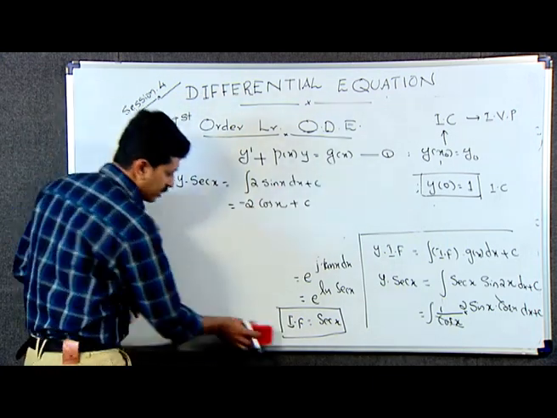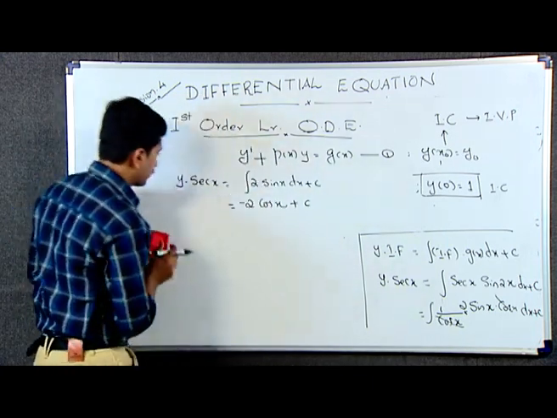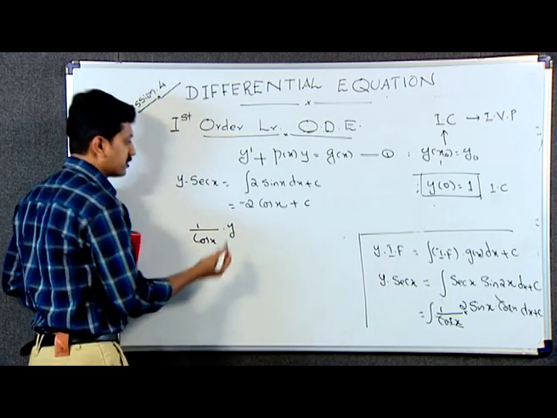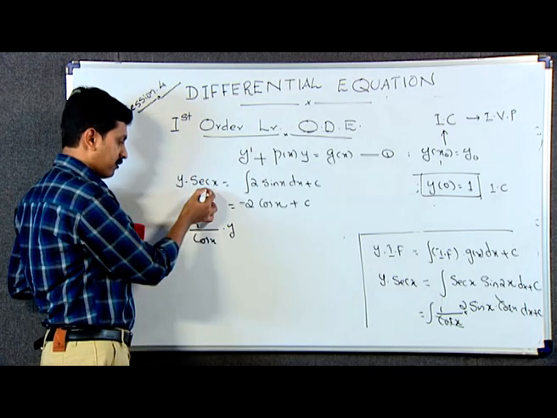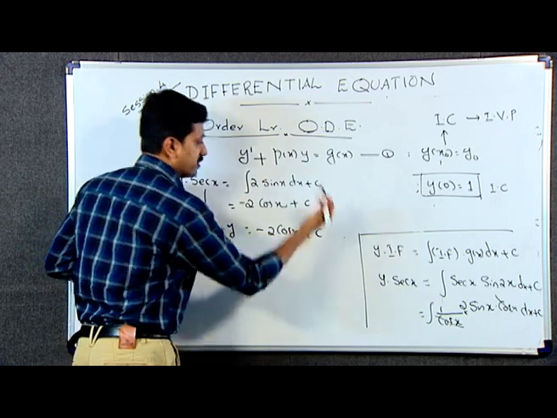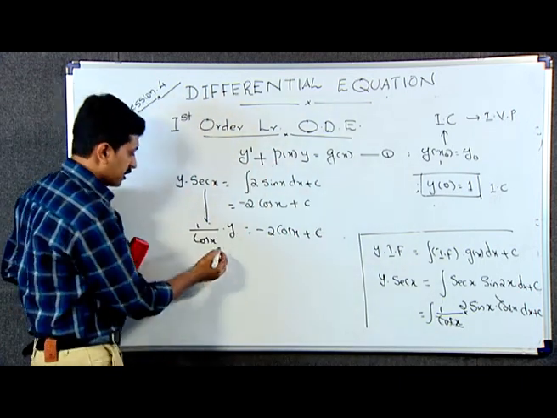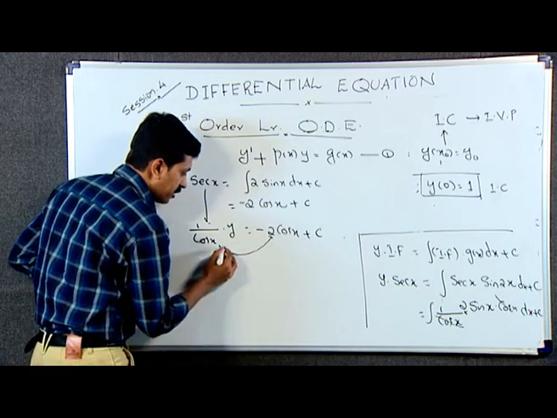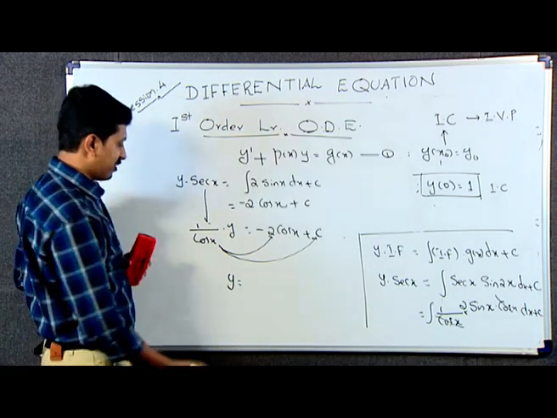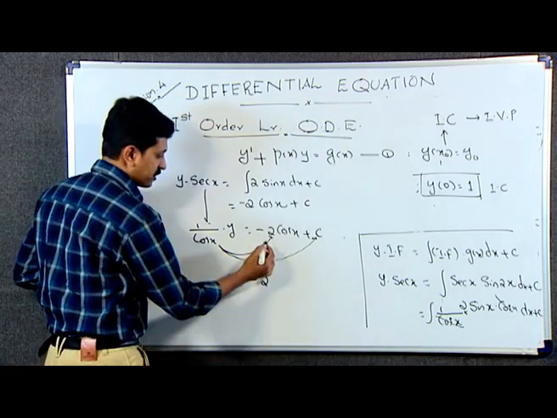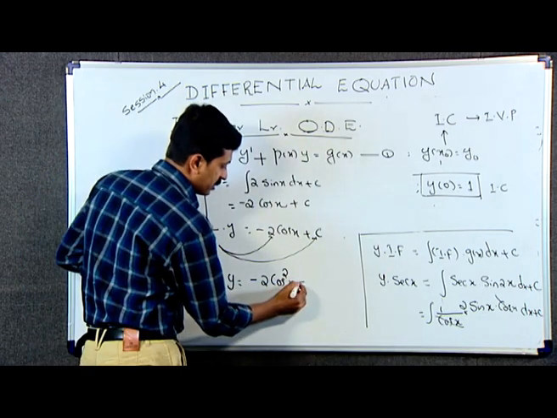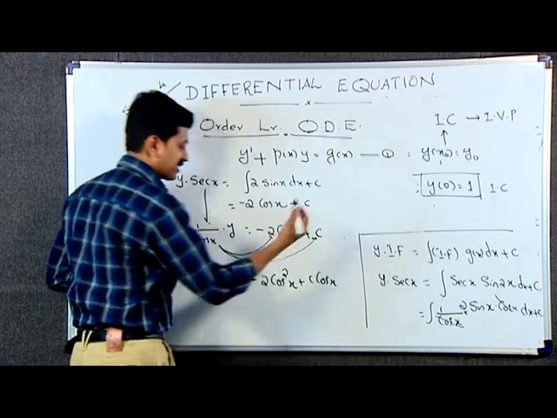The left side we can rewrite as (1/cos x) times y, instead of sec x. So (1/cos x) y = -2 cos x + c. Therefore, we can take this cos x to the other side and multiply: y = -2 cos x times cos x, that is cos squared x, plus c cos x.